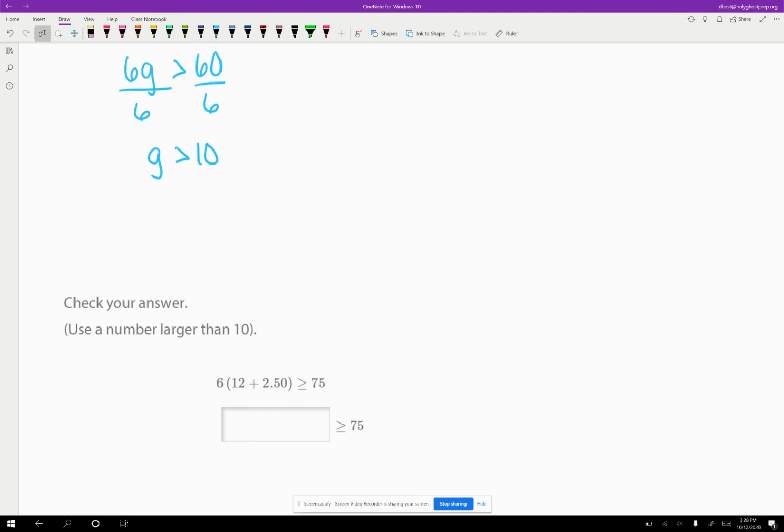So to check, you use your inequality and you plug a number in, but you choose something that actually makes that inequality true. So like you pick a number that is actually greater than 10. So here I chose to check with 12. So take a minute and see if 12 works.